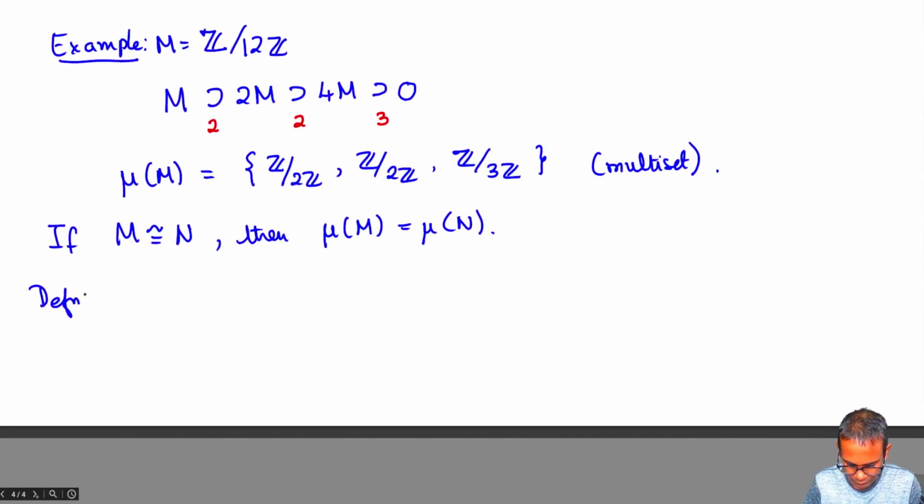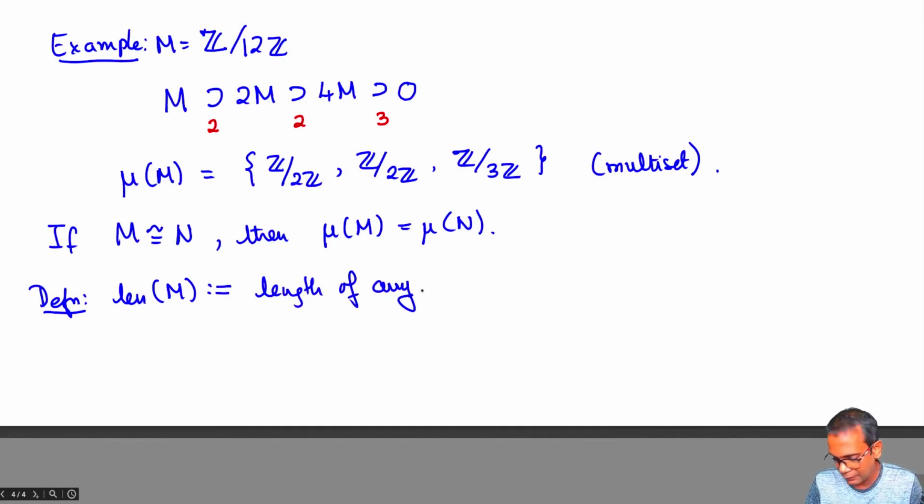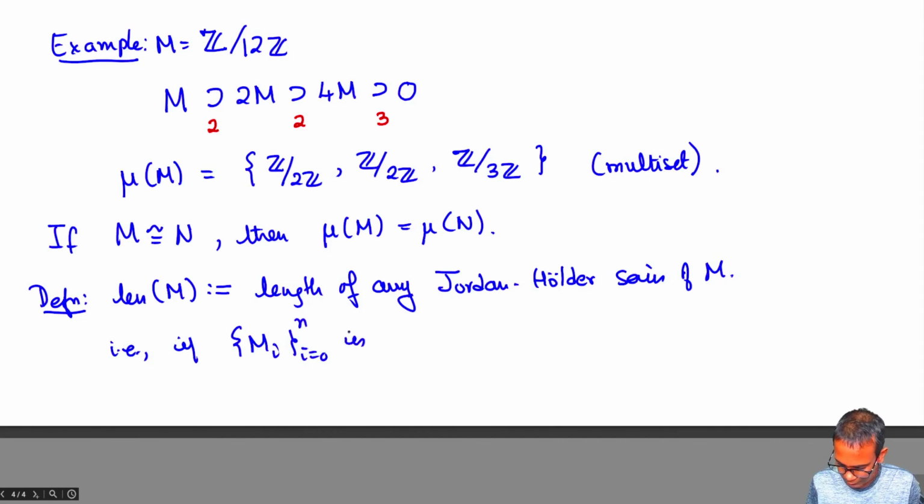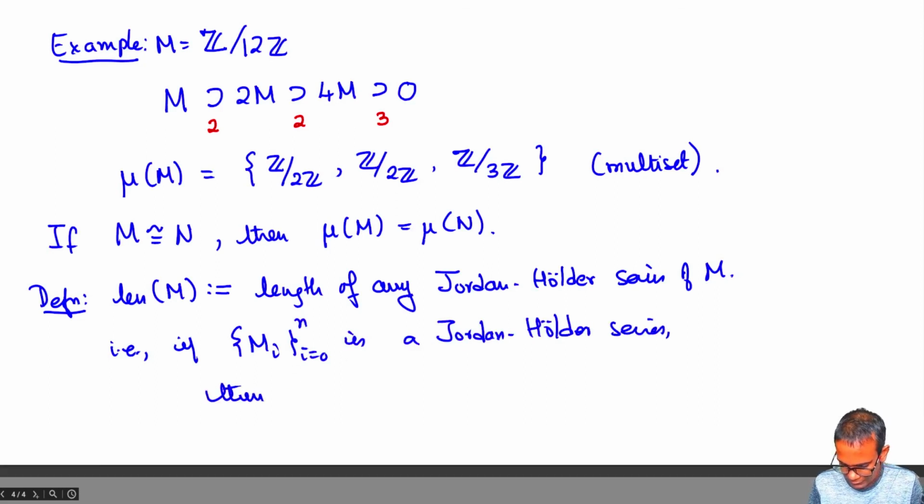So definition: length of M is defined to be the length of any Jordan-Holder series of M. Just to be doubly clear, if M_i, i goes from 0 to n, is a Jordan-Holder series, then we'll say that length of M is equal to n.